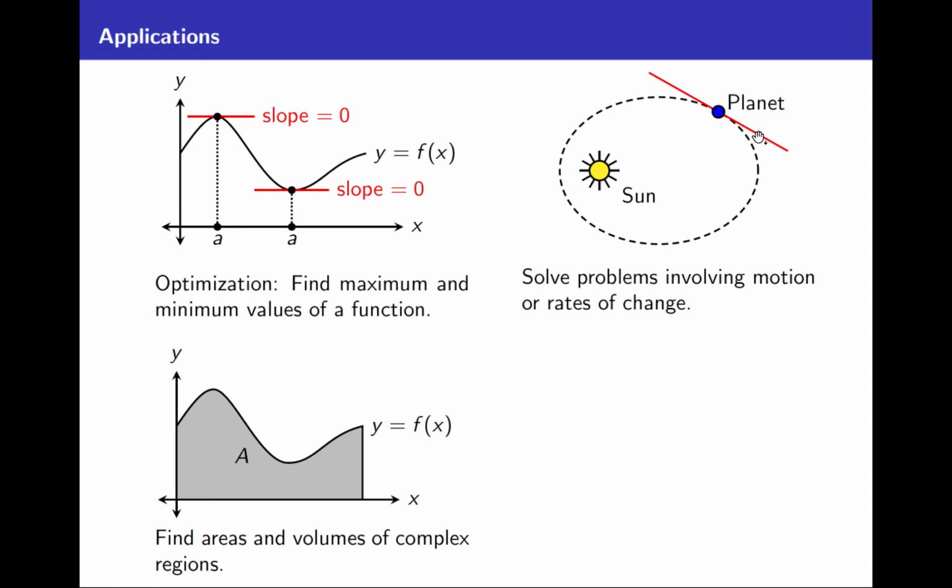There's a red tangent line here, which would be how the planet would move if suddenly gravity was switched off. It would fly off like that. Now, we're not going to develop planetary motion in this course, but we're going to get to the brink of it in what we discuss with integration and differentiation. We'll almost be at the point where we could solve a complex problem like this.